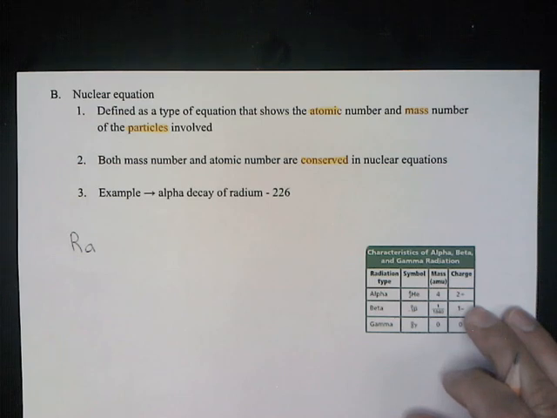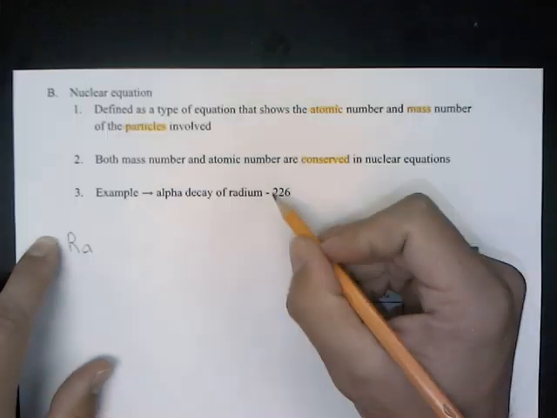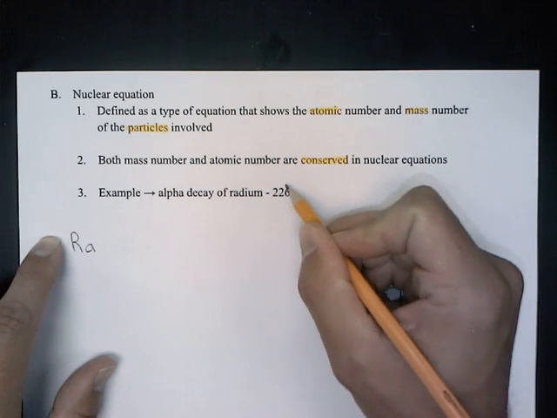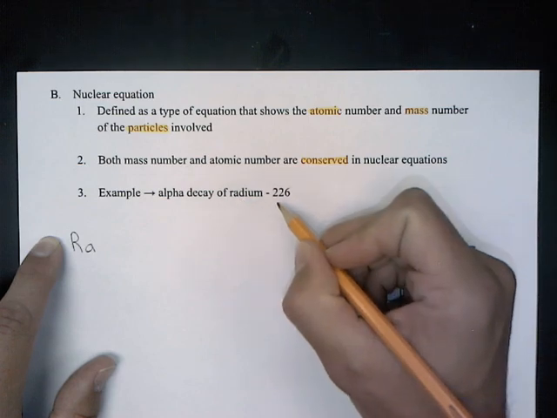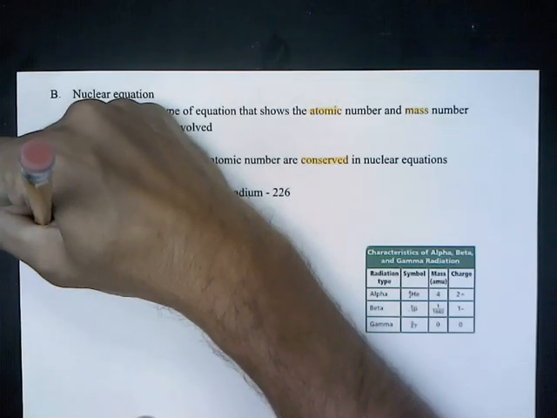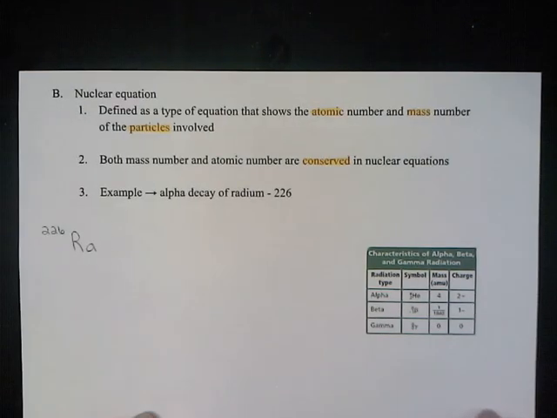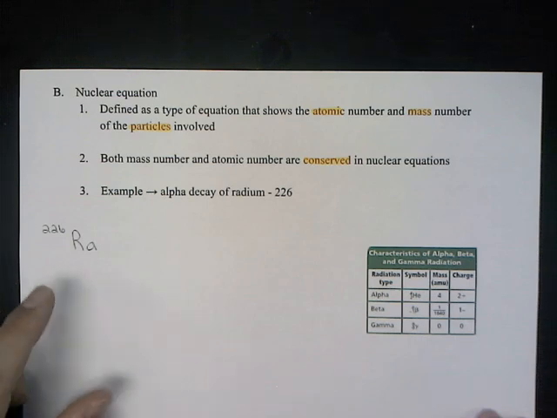Now we need to write in the upper left-hand corner the mass number. For us, this is really easy because the mass number is shown right after we've written the word radium. So we're going to write 226. That's going to become our mass for radium, radium-226.